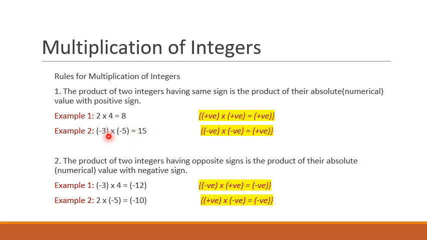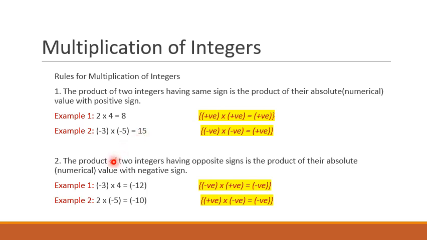So negative multiplied by negative gives me a positive. So whenever we are multiplying negative to negative, the answer is positive. So when two integers having same sign are multiplied, the answer is always positive. So if I am multiplying two negative integers, the answer will be positive.